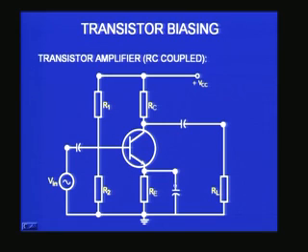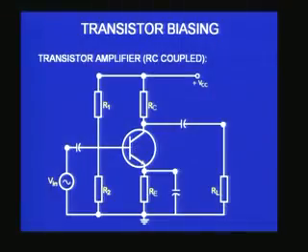Therefore if I use a bypass capacitor, all the alternating current component will flow through the lower resistance path provided by the capacitance. You know, capacitance offers less resistance to alternating current, more resistance to DC. We all know that it is 1 by omega C, where omega is 2 pi f, the frequency component, and therefore the higher the frequency, the lower is the resistance offered by the capacitance.